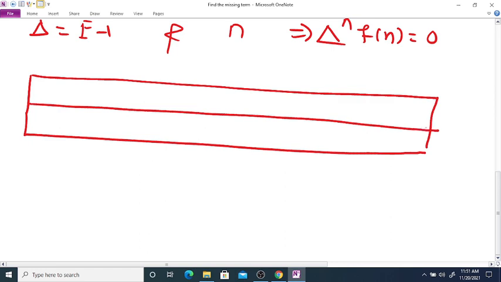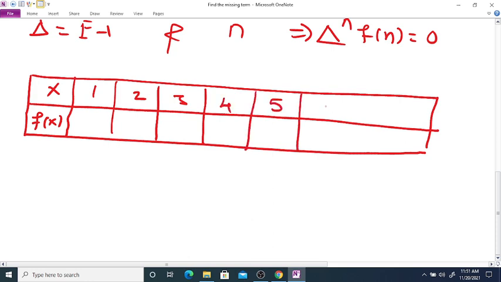See here, x and f(x). x is equal to 1, 2, 3, 4, 5, 6, and 7. f(x) is 2, 4, 8, then this is the missing term, then 32, then 64, and then 128.